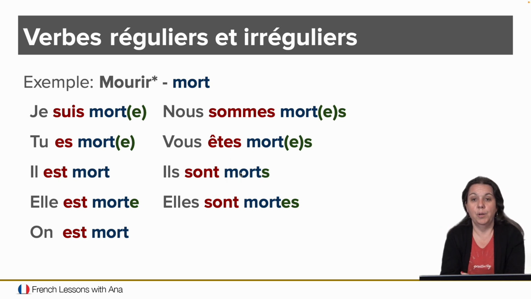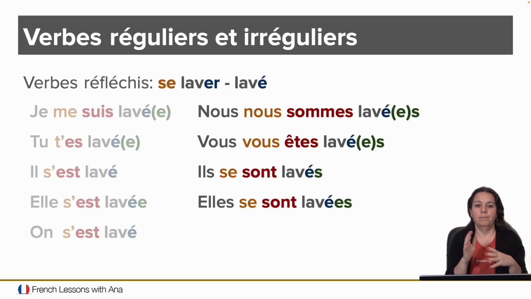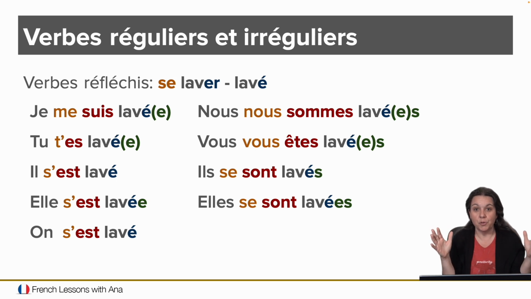Here I am sure about, right? So it's they masculine, so add an s. Elles sont mortes, okay? I know that elle is feminine, so add an e, and I know it's plural, add an s. Elles sont mortes. Ils sont morts. Elles sont mortes. Okay? And that is really the Dr. Mrs. Van de Tramp group.